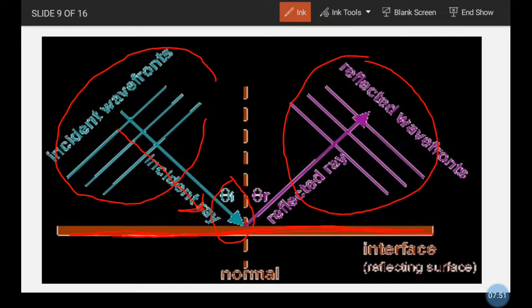This phenomenon is known as reflection of waves.